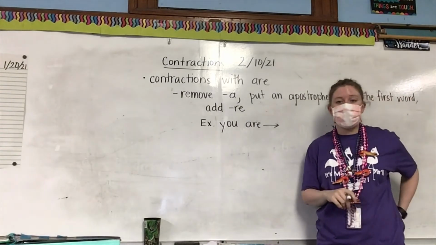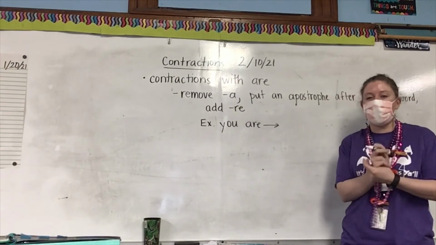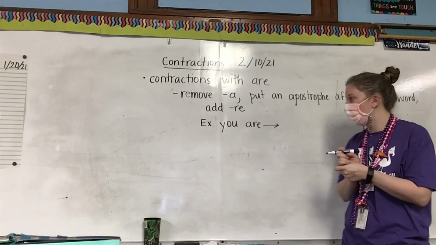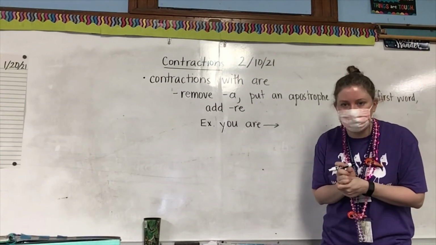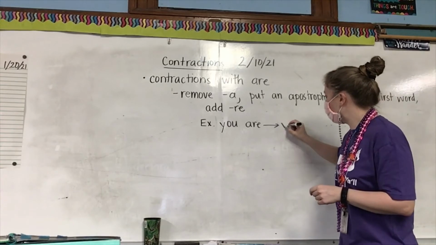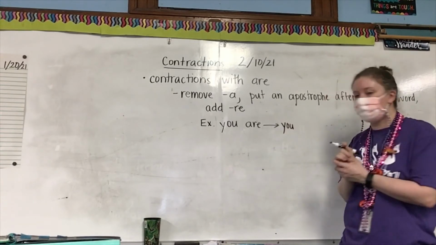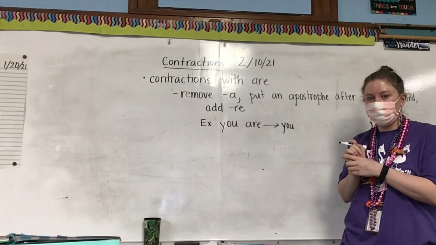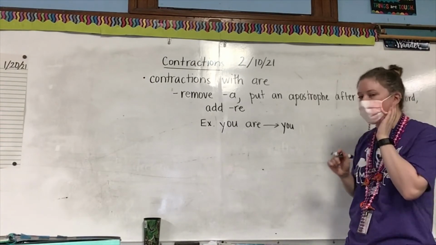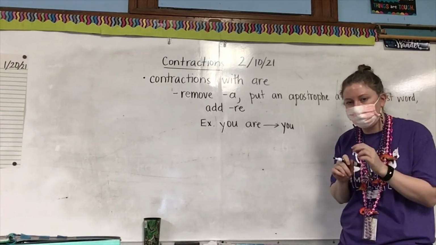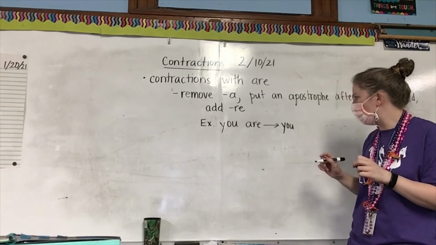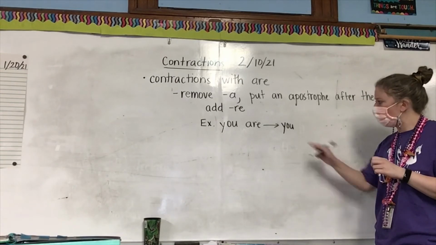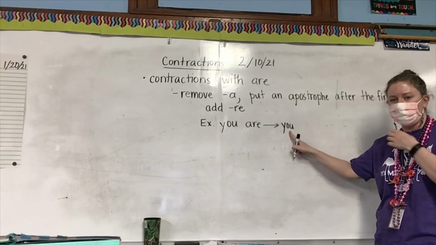You are becomes what? It becomes you're. How do we spell that, Michaela? Not W-O-U, but Y-O-U, because the first word doesn't change. O-R. Say it again. You cut out just a little bit. O-R. What comes after the first word, Michaela? Look at your notes.